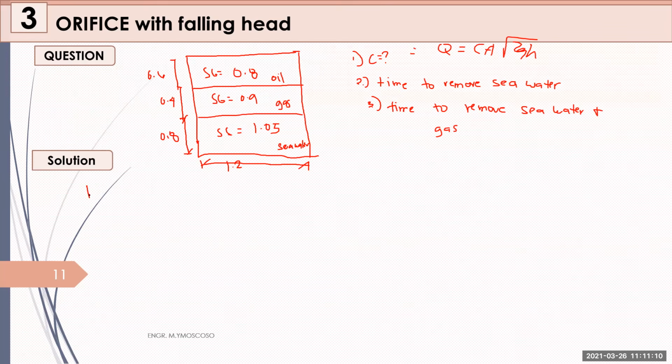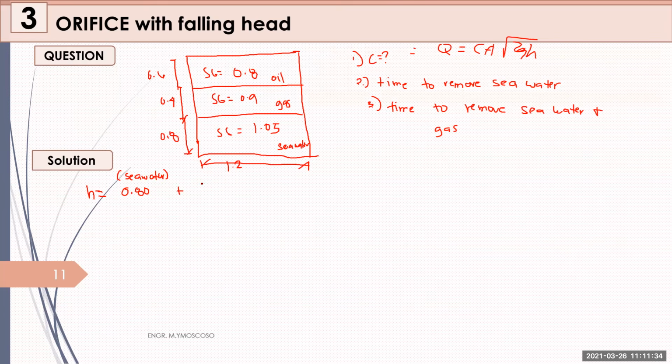Okay, so yung H natin that can be solved by i-convert nga natin lahat-lahat into seawater. Okay? So, ibig sabihin, you will have 0.80. That would be the height of your seawater. Lagyan natin dito, seawater. Okay?